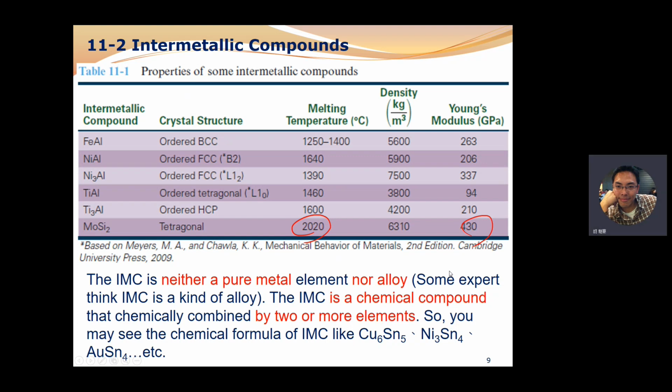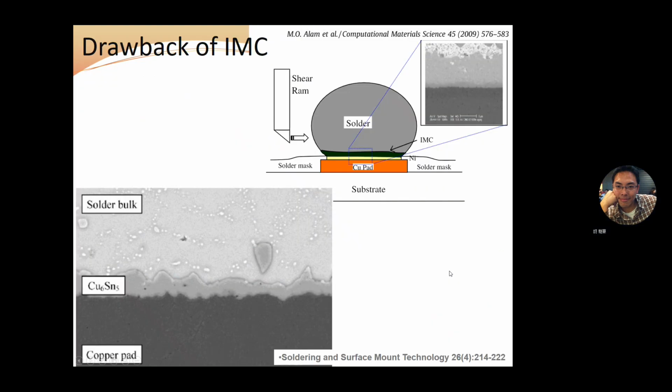Of course, as the dispersed phase for strengthening, IMC is one of the best choices, right? However, do you think it is always good for mechanical strengthening? Of course not. Let me show you an example.